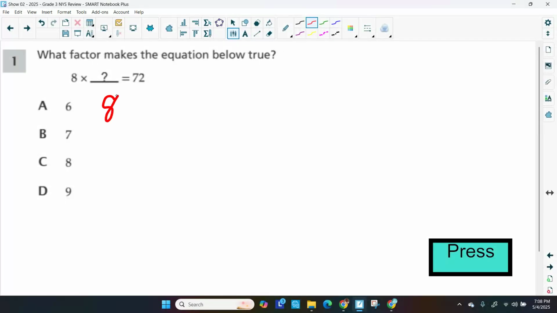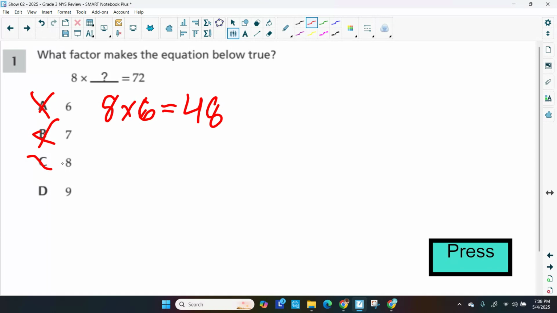8 times 6 equals 48. Right, so it's not 72. The next one is 8 times 7, but that equals 56. So that's not it. And then C, 8 times 8 is 64, not 72.